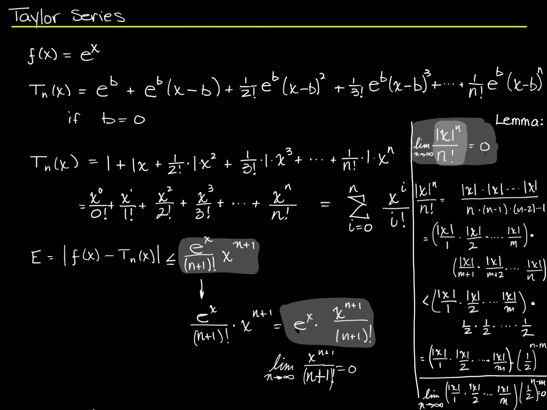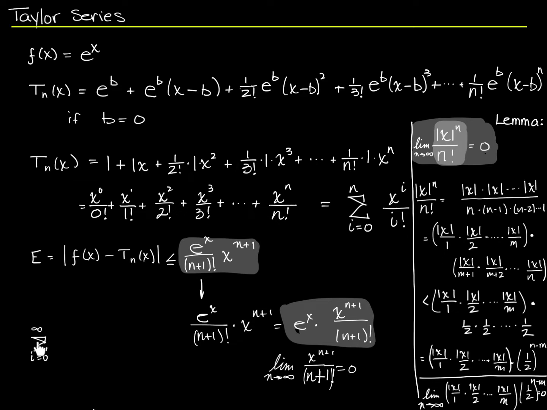And so what we're saying here is that the difference between the function and the Taylor polynomial for that function, for n terms, is 0. What does that mean? Well, it means that the Taylor polynomial is the function. So in this case, we have that the sum as i goes from 0 to infinity.